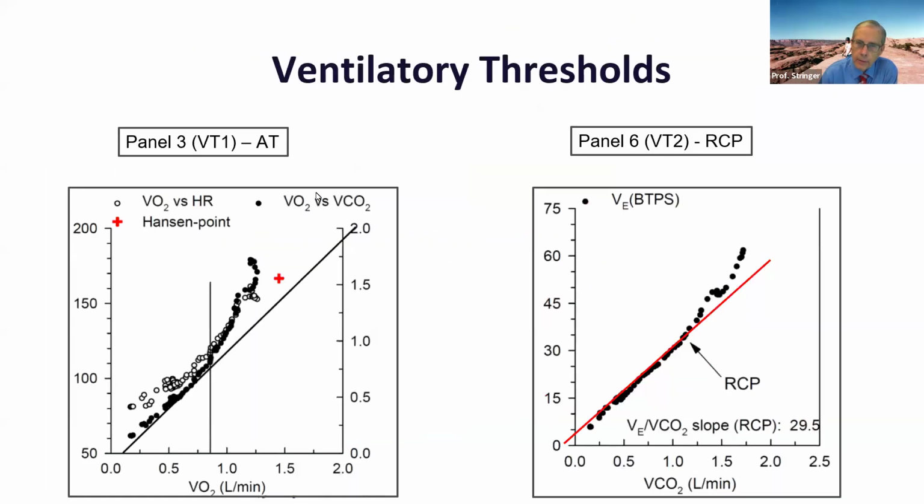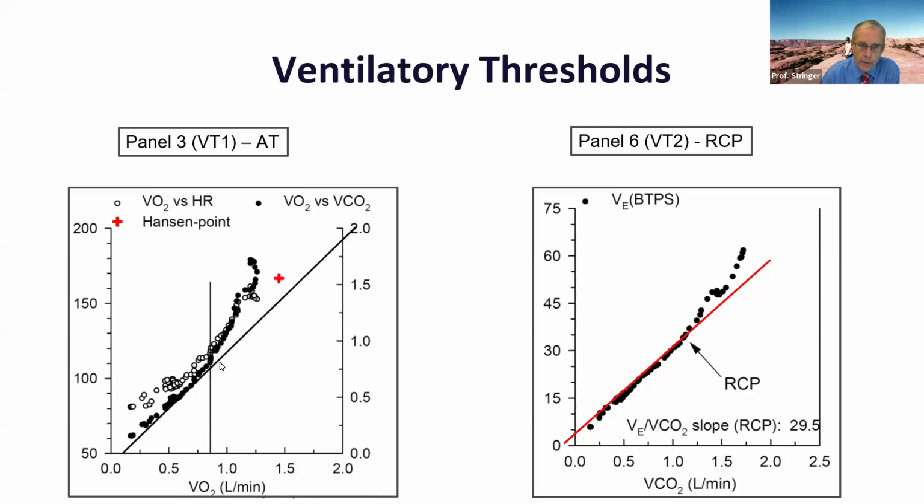Now, going back to the ventilatory thresholds, remember the AT is where this 45-degree line is. So you've set up this CO2 output and the oxygen uptake with the same size axes and the same scales from 0 to 2 or 0 to 3, whatever. And so this 45-degree line here is essentially 10 mils per watt.